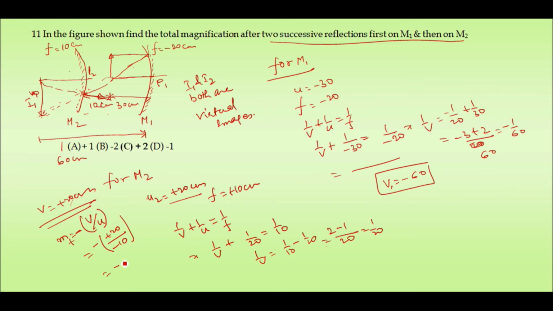So from there we get minus minus 2, that is plus 2. So the magnification in this case is plus 2. So if the object is placed in this way such that the image is formed first from the reflection from mirror M1 and then from mirror M2, then the magnification observed in this case is plus 2.